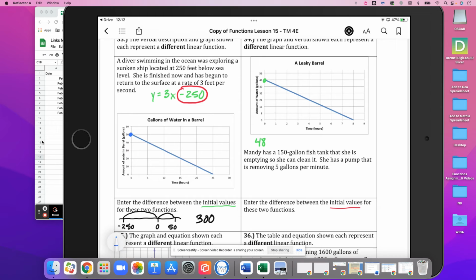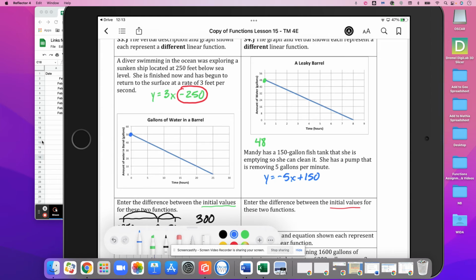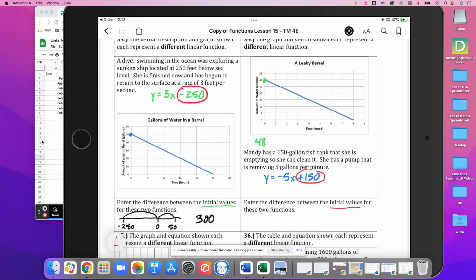So in blue, the amount in the tank is going down by 5 gallons every minute, so negative 5. And then it started with 150 gallons in it. So our initial value is 150. Our initial values are both positive, so they're both on the same side of 0. So the distance between them is going to be 150 minus 48, which is 102.